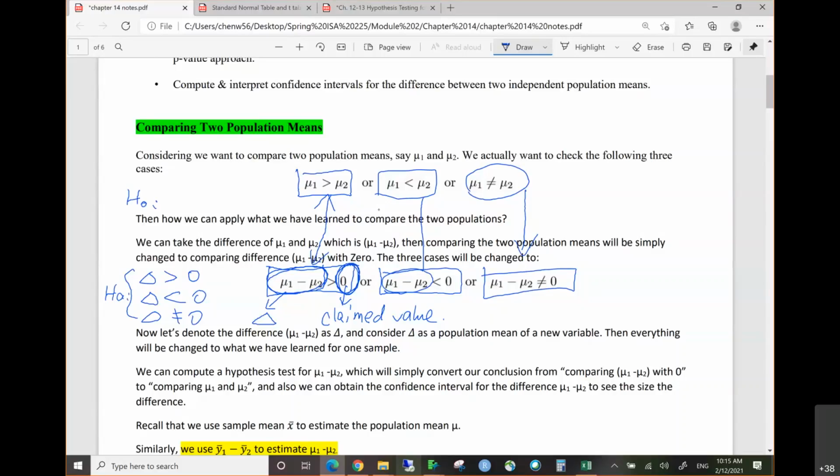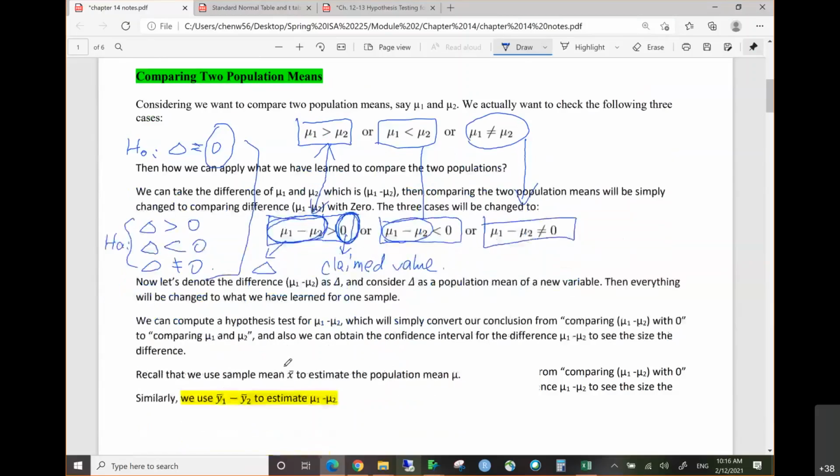The null hypothesis is just delta equals 0. So now the idea just changed back to chapter 12, chapter 13. We have a population parameter we want to test about, and then this 0 is our claimed value, and then we can make this hypothesis test.